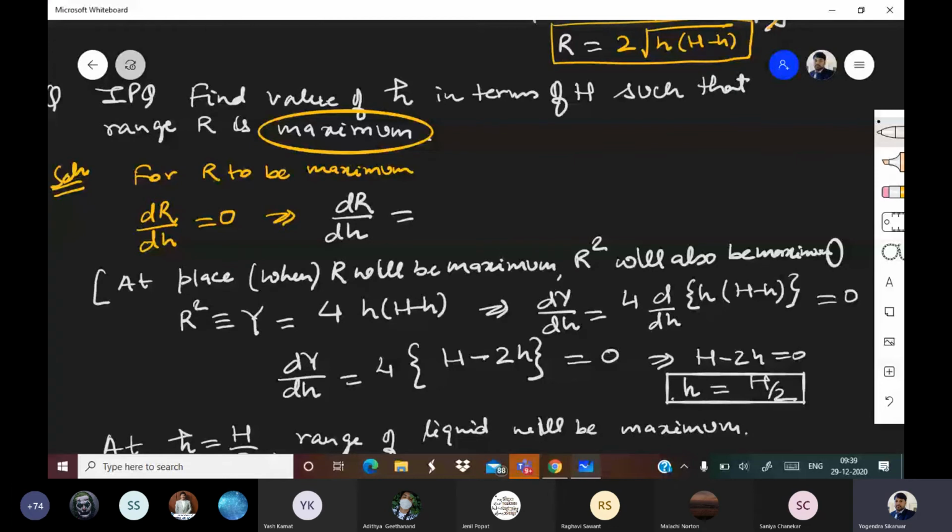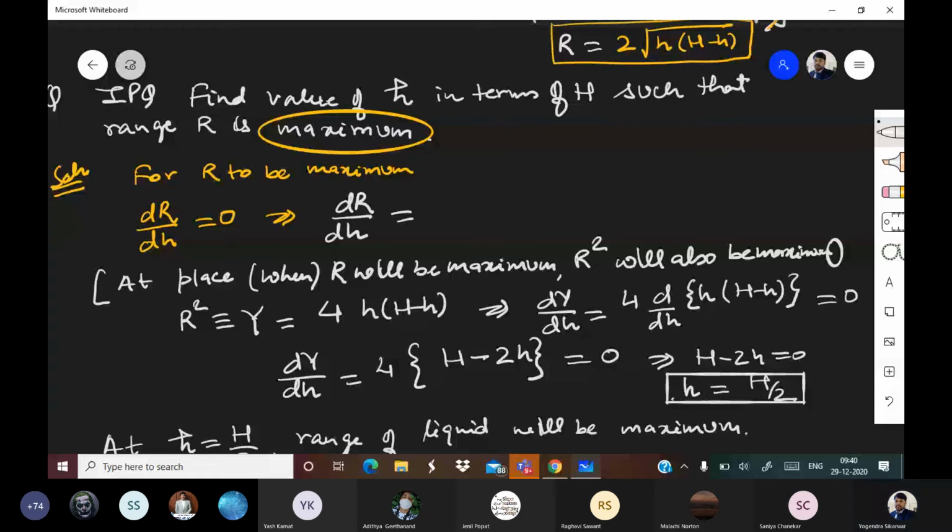Otherwise, the hole will be out of liquid if you are not taking the value of small h between 0 to capital H, and then the question becomes meaningless. So you have been given the task to put a hole in the tank anywhere such that the range of water coming out of the tank is maximum.